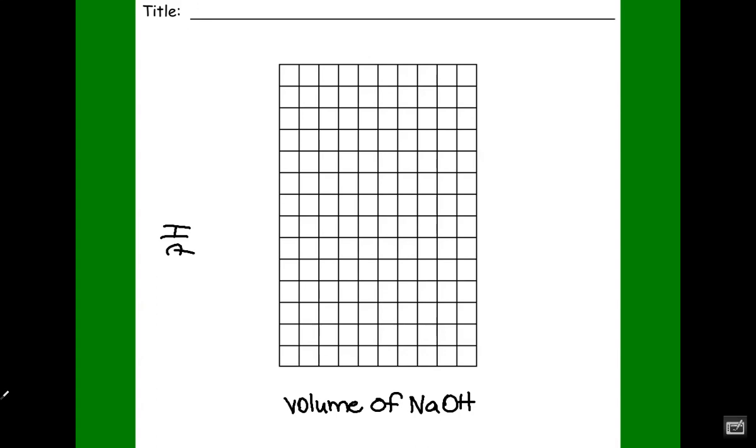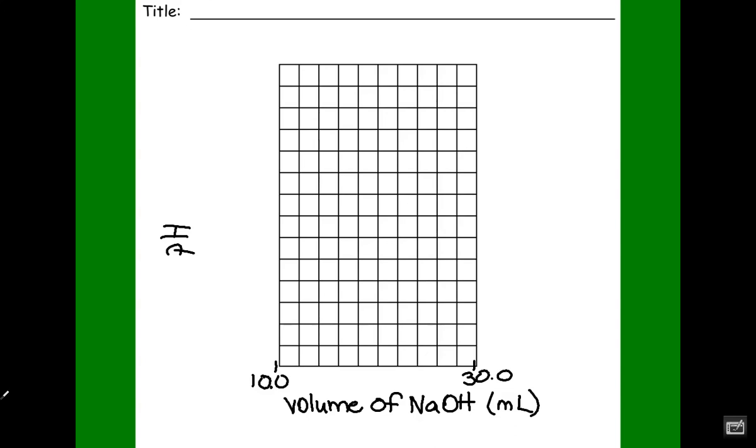So I have, let's see here, 1, 2, 3, 4, 5, 6, 7, 8, 9, 10 squares. Well, instead of starting at 0, I start at 10.0 here, and I'm going to make this milliliters so that I don't have to write milliliters, and I put 30 here, and basically I make each square worth 2 milliliters.